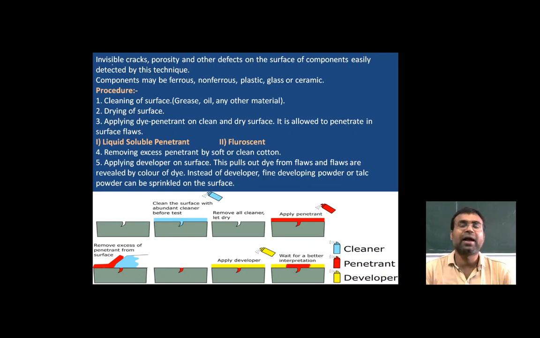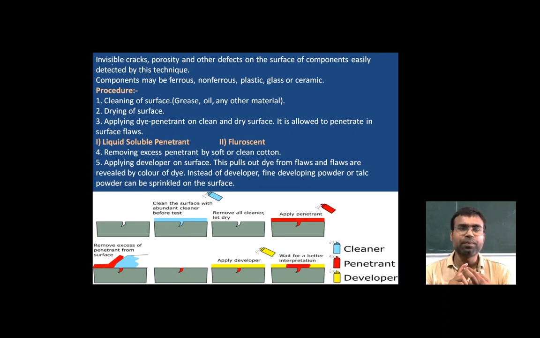So we need to avoid this kind of mechanical cleaning, not the test. Before cleaning, one thing to take care of is that we avoid mechanical cleaning. We will not hammer with the chipping hammer or go for shot blasting, which is the impacting or peening of those iron particles.